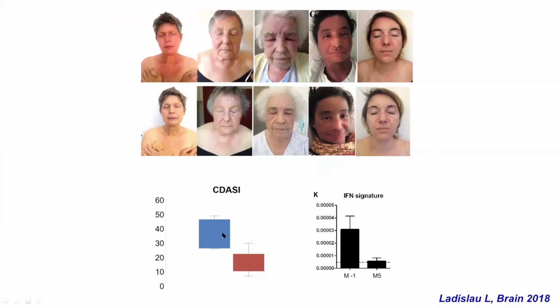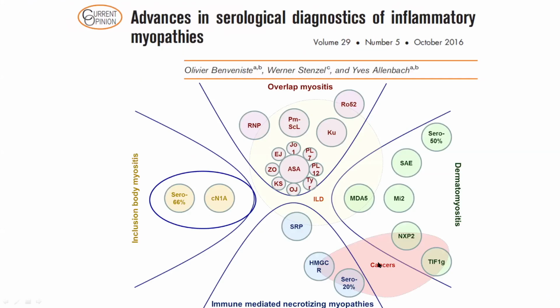You can see here the C-DAISY, which is a composite score of skin lesions, with a clear improvement in 3 months, and the interferon signature within the peripheral blood also almost normalized. So dermatomyositis is clearly an interferonopathy.